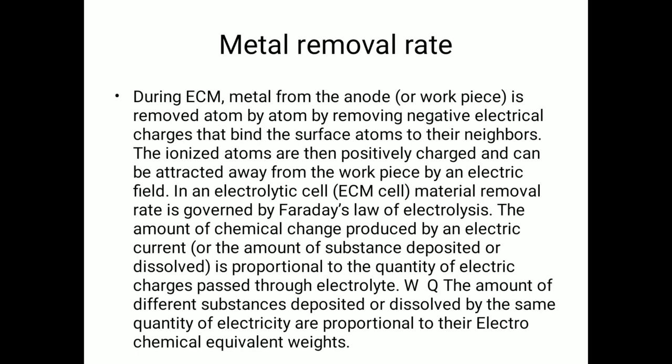In an electrolytic cell, material removal rate is governed by Faraday's law of electrolysis. The amount of chemical change produced by an electric current is proportional to the quantity of electric charge passed through the electrolyte. The amounts of different substances deposited or dissolved by the same quantity of electricity are proportional to their electrochemical equivalent weights.